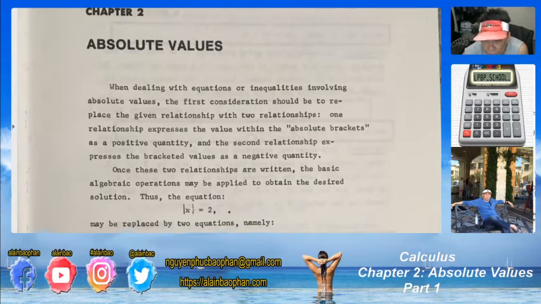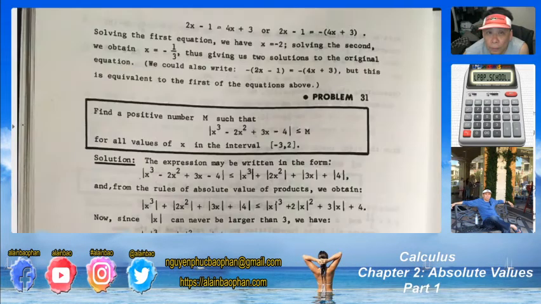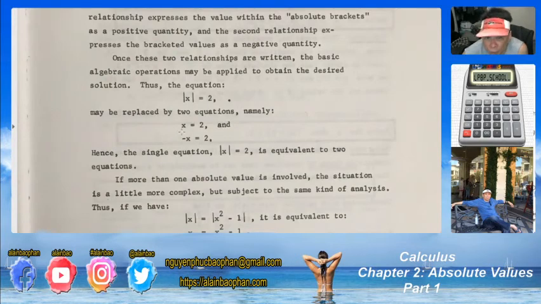Suppose we have absolute of x equal to 2, so that means it will be two equations, x equal 2 and x equal minus 2, or minus x equal 2.